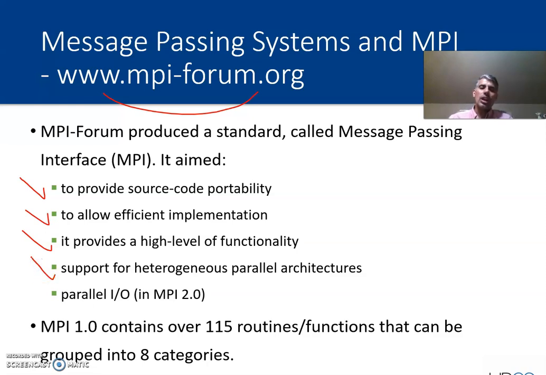It supports heterogeneous parallel systems, and in the newer versions, it has some efficiency on parallelism at the I/O level as well. MPI 1, which is our default in this course, has around 115 instructions. So you can imagine that's as big as an independent programming language. It's difficult to learn, there are so many instructions, and there is difficulty in implementing code using MPI.